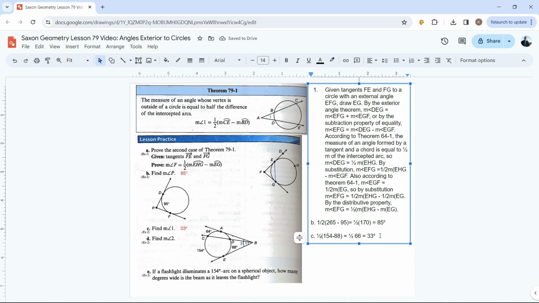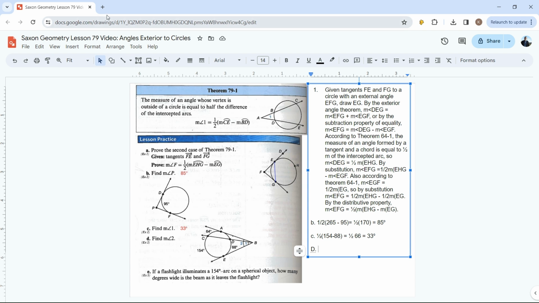In letter D, we have the exact same thing as we did in the previous problem because we have two tangents. It's the big angle, ABE, okay? Measure of angle 2 is actually ABE. So what I need to do here, I have 88 degrees, 154 degrees, 64 degrees, but I don't have this little angle right here. How do I find that? Well, I'm going to have to use a calculator to do 360 minus these other three values.